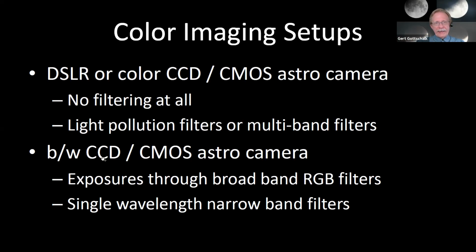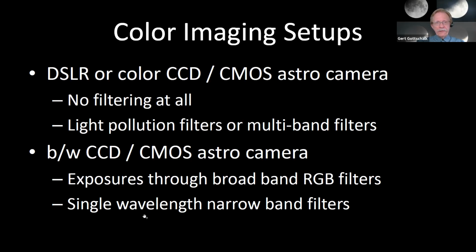You can also have a black and white camera, but then to produce a color image, you will have to take sequential images in red, green, and blue filters. These are usually broadband RGB filters, so they capture the entire blue and green and red spectral ranges. So instead of a single, what they call one-shot color imaging, you will do a multi-exposure, and then in post-processing, produce your color.